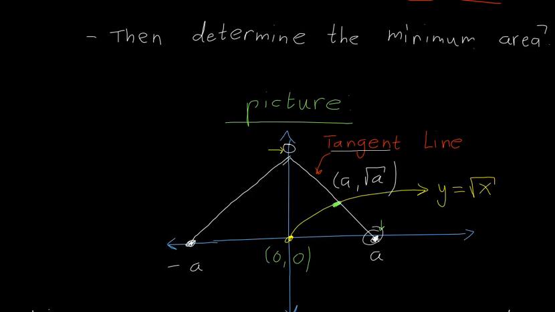Visualize the tangent line. For the square root curve, y equals root x, the tangent line at a positive point is going to slope up. If you look at the square root curve, the yellow curve here, the tangent line at a positive point is sloping upwards.